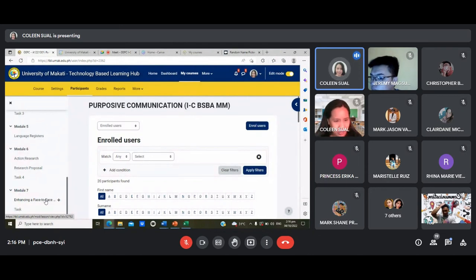I was surprised when I saw it, and that's why my students told me, Ma'am, we cannot see the file because it was not uploaded. Please ignore that. Focus only on action research and research proposal. So your task next week, ignore Module 7.